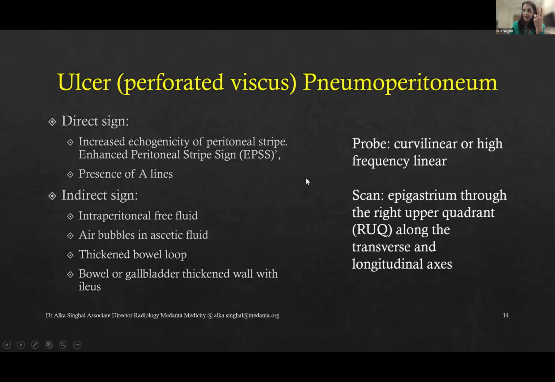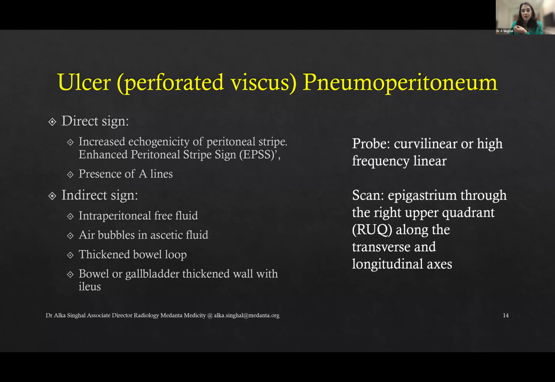So there are 2 direct signs and 4 indirect signs. Now, what are the 2 direct signs? One is the enhanced peritoneal stripe sign, or the echogenicity of the line of the peritoneum. Second, we see the A lines, which you normally see in the lung, and now we will see them in the peritoneum.